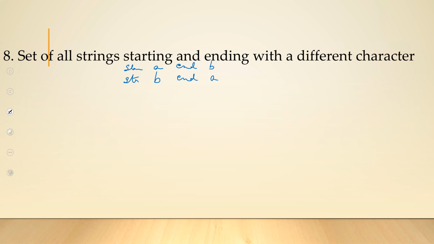So let us write the regular expression. If it starts with A and ends with B, this is how it will be: starting with A and then ending with B.